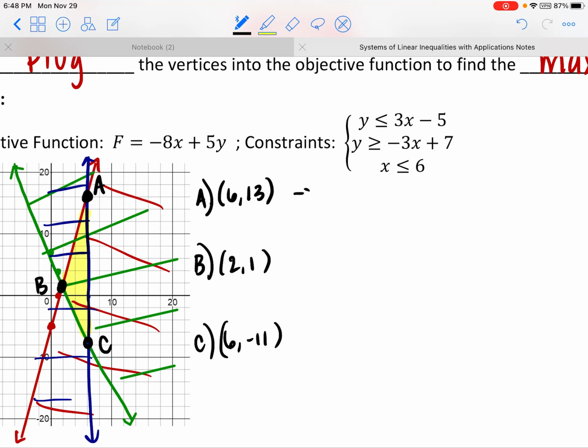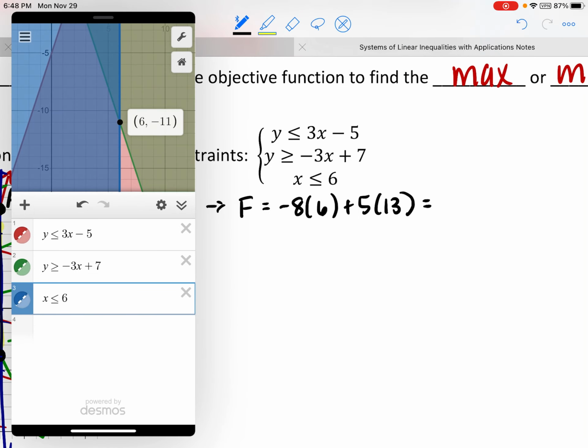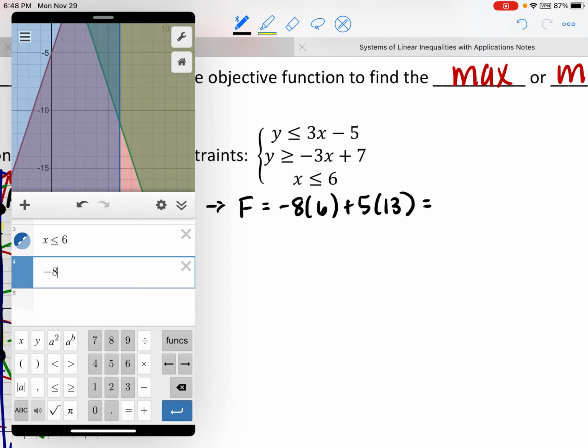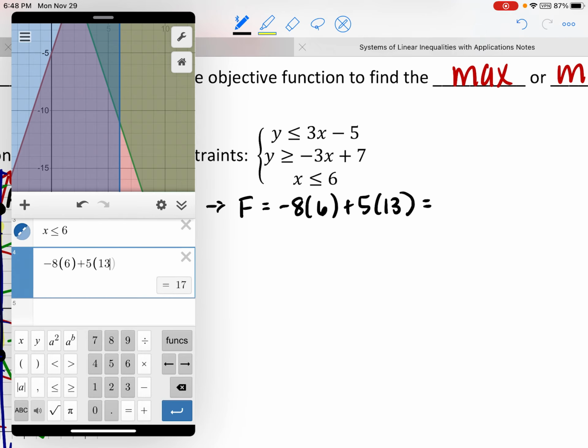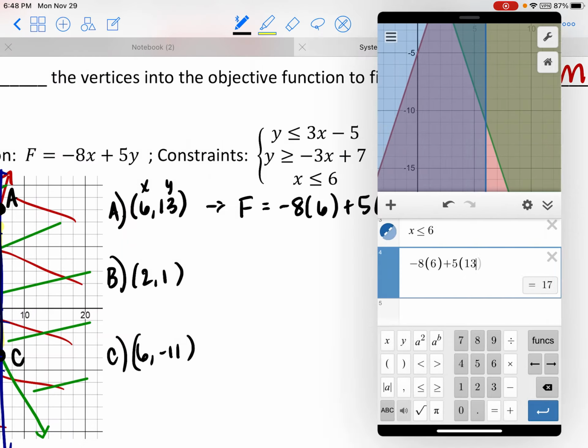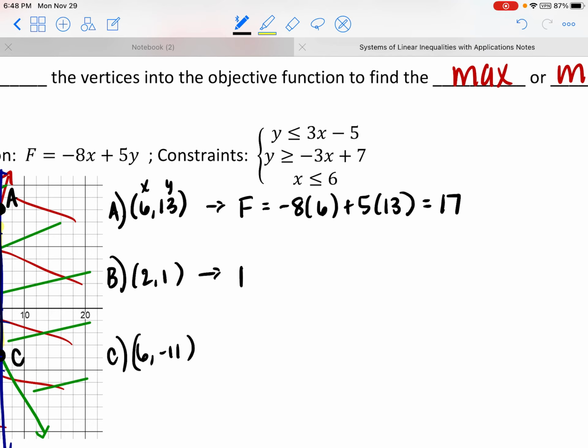So when I plug in 6 and 13, remember this is an x value, this is a y value. So I have negative 8 times 6 plus 5 times 13. Negative 8 times 6 plus 5 times 13 is going to be a total value of 17. And then let's plug this one in.